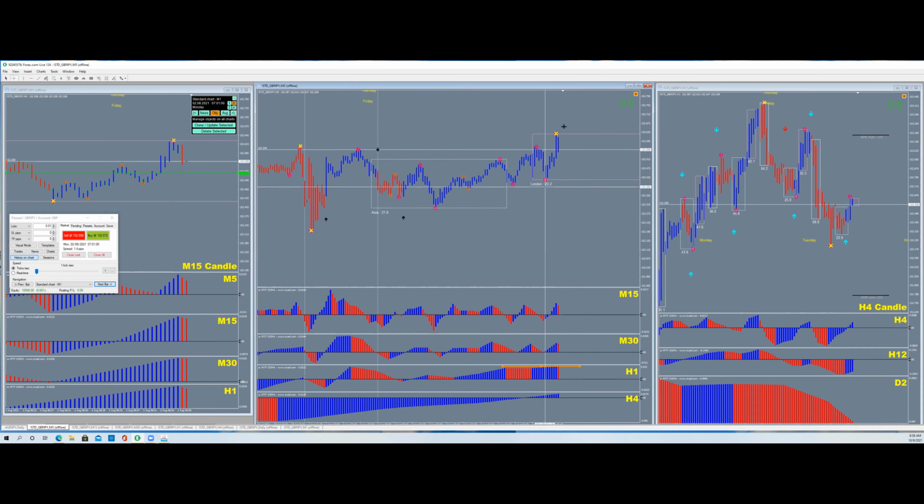Right now we're at a high point in the session, having a pullback. This could be the next high of the London session. But in order to go short, we need confirmation. We need the 5 minute to go across, if this has shifted to a downtrend.